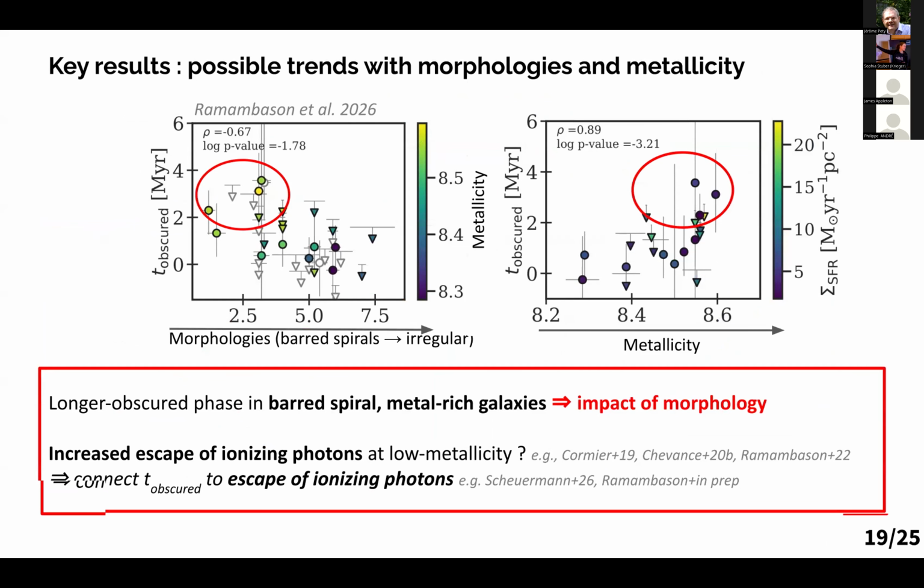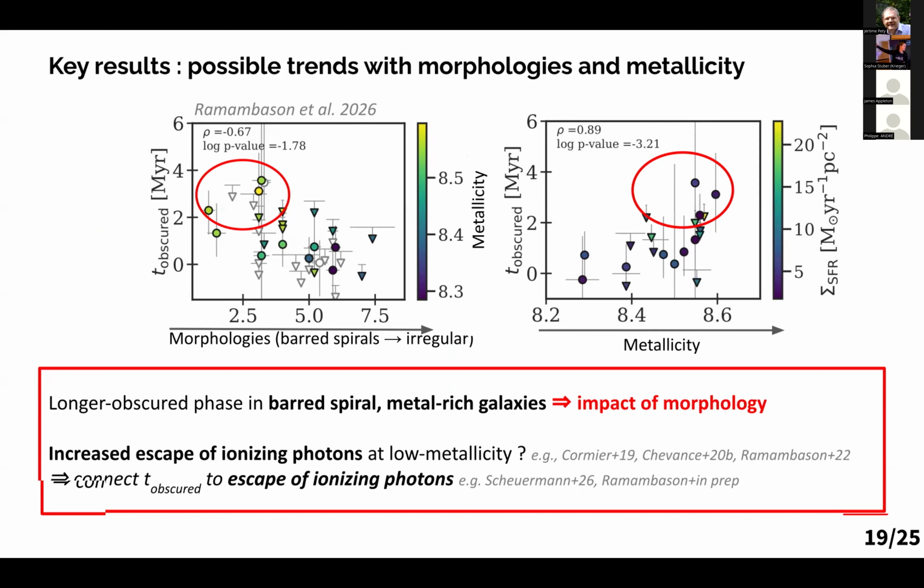We found that there could be an impact of the morphology of the galaxy, because the only galaxies where we do detect an obscured star formation phase are the barred spiral galaxies in our sample, which are also the most metal-rich galaxies in the sample. So in that sense, there could be a combined effect of both the morphology, the presence of a bar, for example, and also potentially of the metallicity of this galaxy, with the idea that at low metallicity, there are numerous changes in the structure of the interstellar medium.